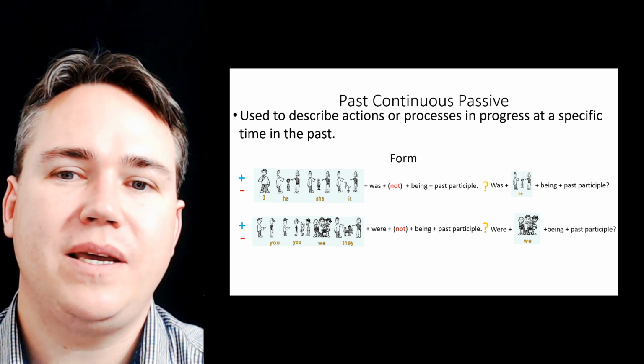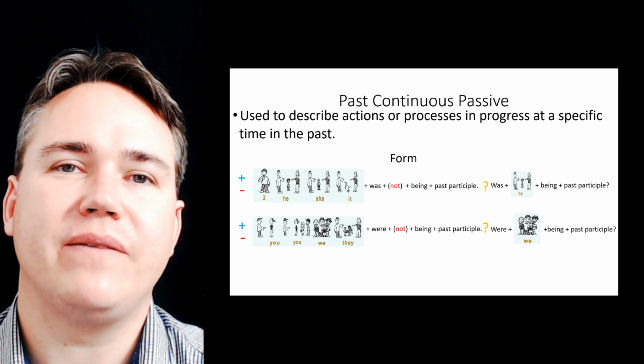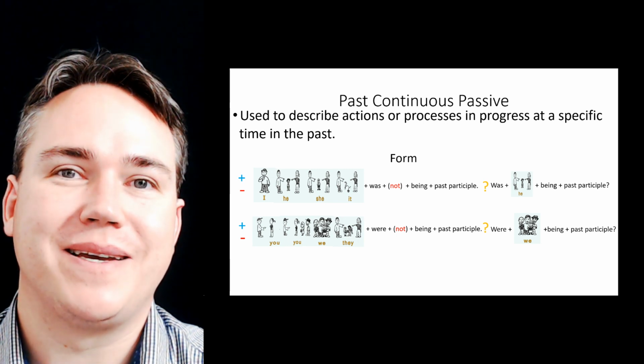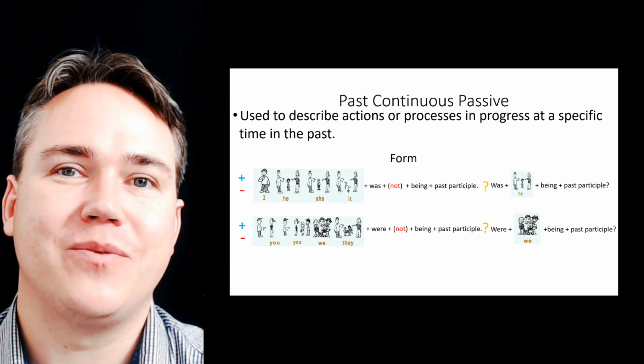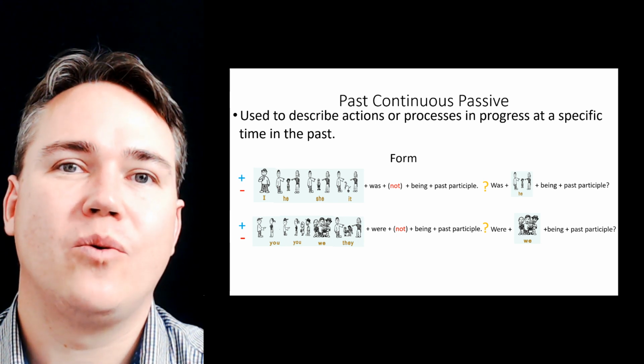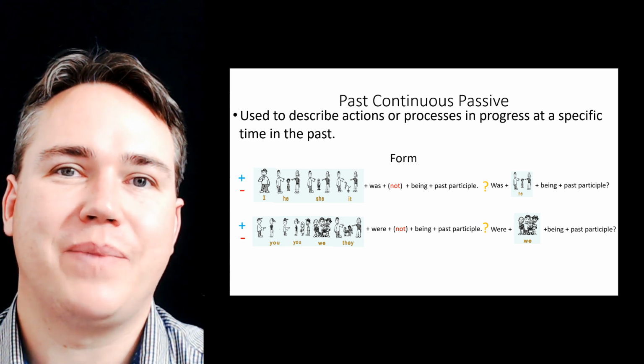Were you being? Oh wait, I haven't given you the negative. Let me go back. You weren't being, they weren't being, we weren't being, and past participle. Were you being, were we being, were they being, and past participle.